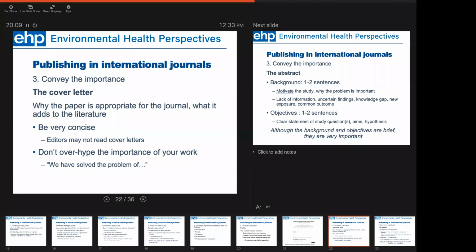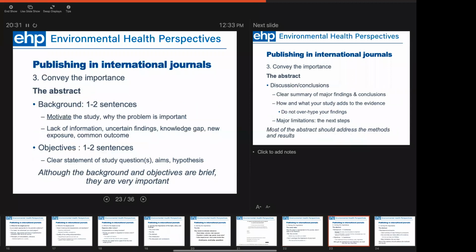But if they do, this is a place for you to help explain why your paper is important. Now don't overhype it, don't overstate. You don't want to promise to deliver more than you really can, because editors will see that. They'll see that you're overdoing it, and that will give them a negative impression.